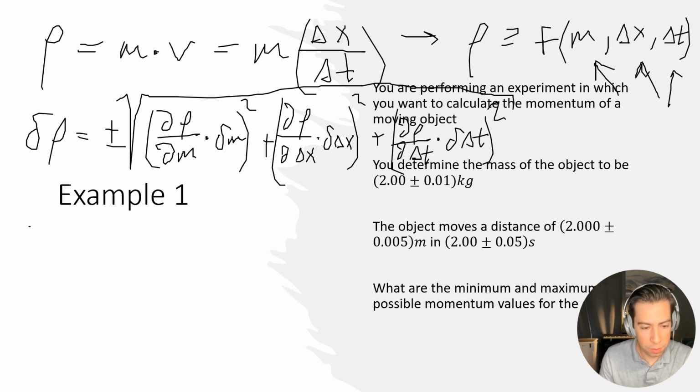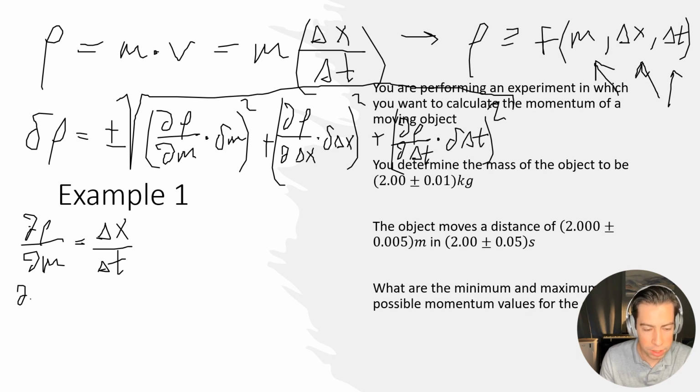So let's start with the partial derivative of the momentum with respect to the mass. Well, that's just going to be delta x over delta t because, again, we treat these like they're constants, and then the derivative of m with respect to m is just going to be 1. Okay, now let's calculate the partial derivative of the momentum with respect to the change in position.